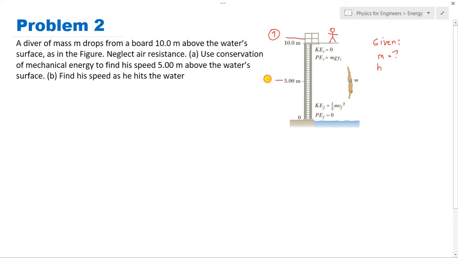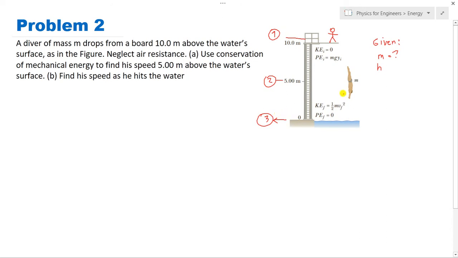State 2 is here, since importante ni siya kay mo na gipangita sa letter A nga i-find a mechanical energy at when he is 5 meters above the water. And then the last part is when he hits the water, since naman si big record nga hits the water, so we can also consider the water surface as our state or study of interest.